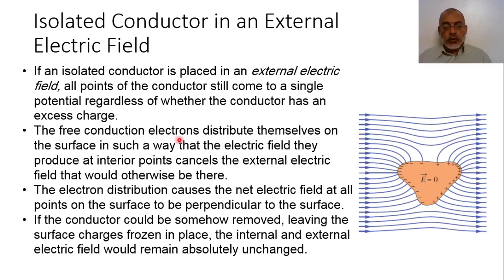The free conduction electrons distribute themselves on the surface in such a way that the electric field they produce at the interior points cancels the external electric field that would otherwise be there.